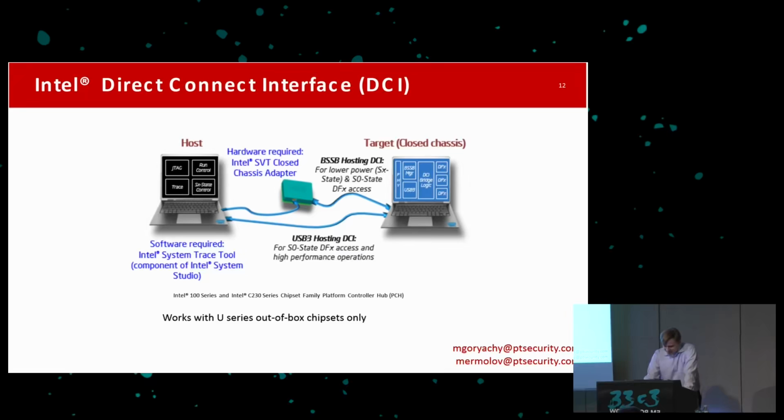I checked it. Starting with Skylake, Intel introduced Direct Connect Interface technology, and you can find a rather specific description of it in the documentation. The diagram shows 2 types of connection: using a special device and a simple USB 3 debug cable.